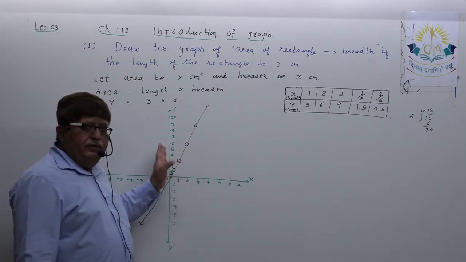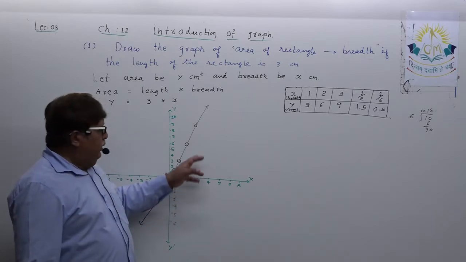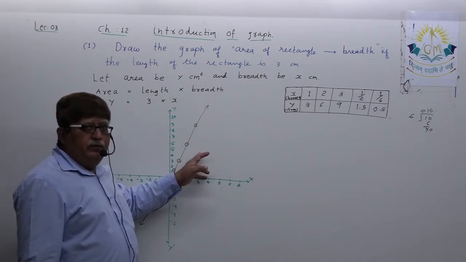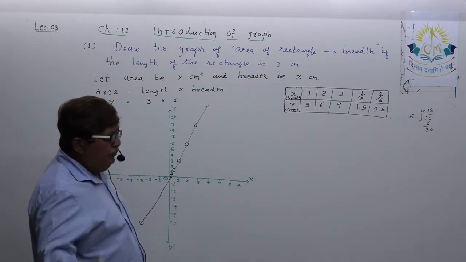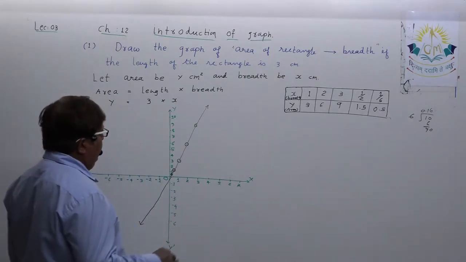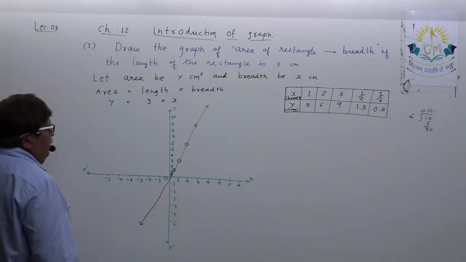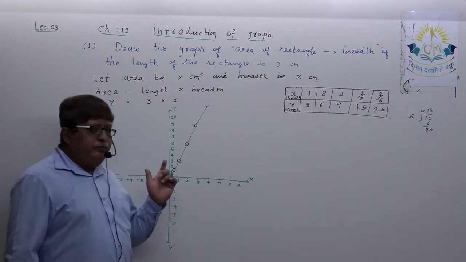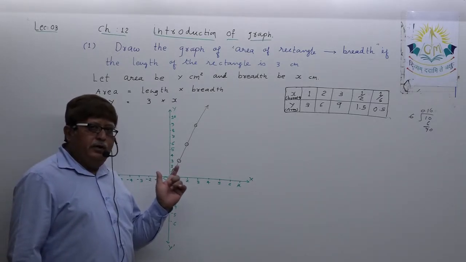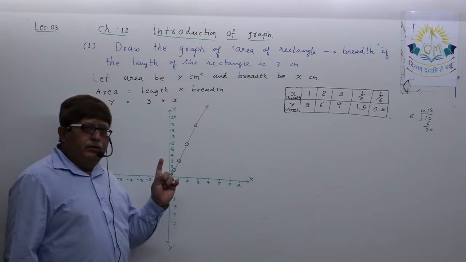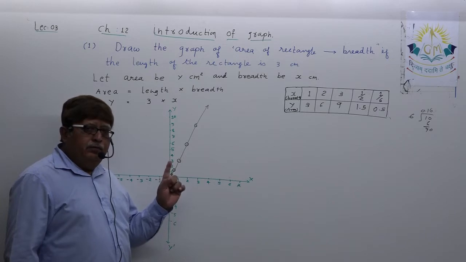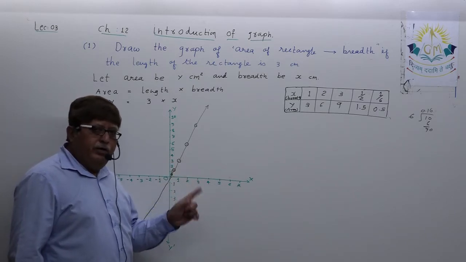So rather than drawing all quadrants, you can draw only the first quadrant, that we will discuss in the next lecture. So this has been the graph of area of rectangle versus breadth.